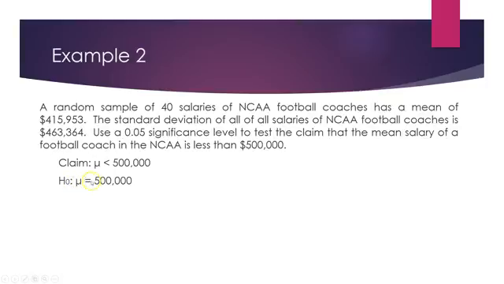So your H0 is going to be mu is equal to 500,000. H1 is going to be your claim directly. So these two are not covering 100% of the number line, because this is the moment that the number equals 500,000, and this is every moment less than 500,000, but this is okay. They just cannot be true at the same time.